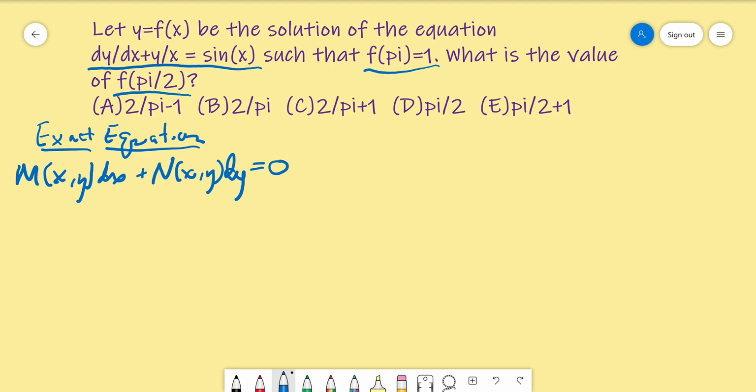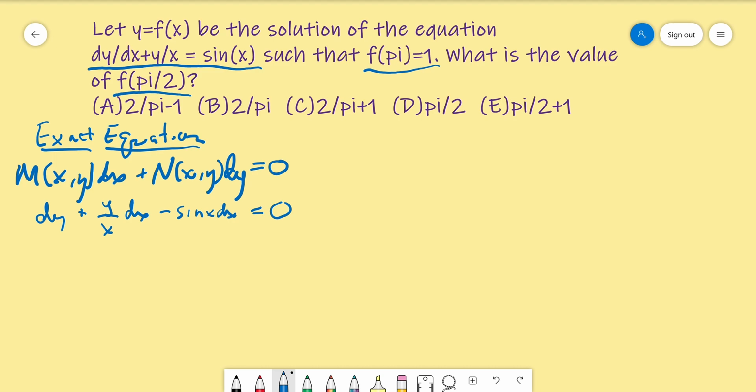So let's see. We can rewrite this equation, or rather, if we multiply all the way through by dx, we get dy plus y over x dx, minus, I'm going to bring that sine x over to the left side, minus sine x dx equals 0.